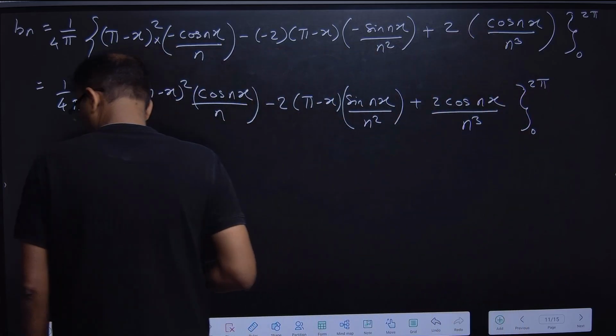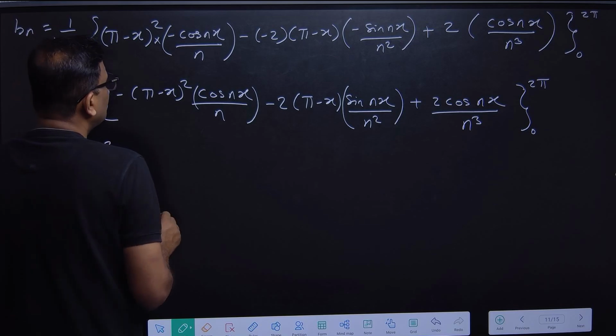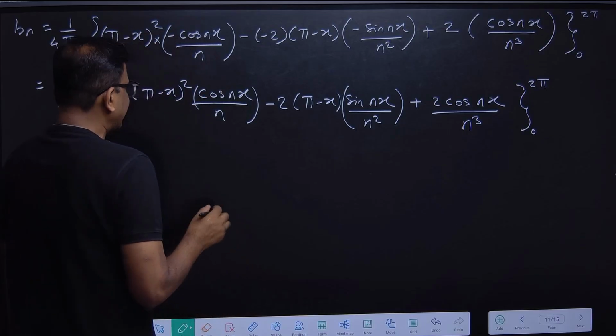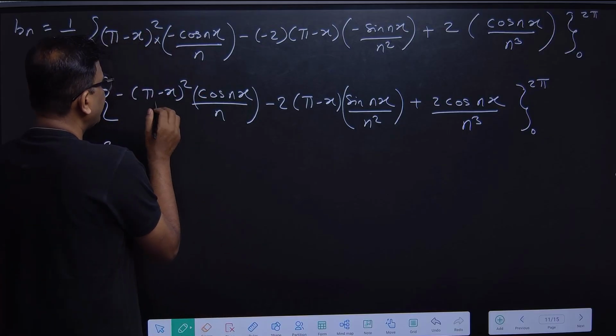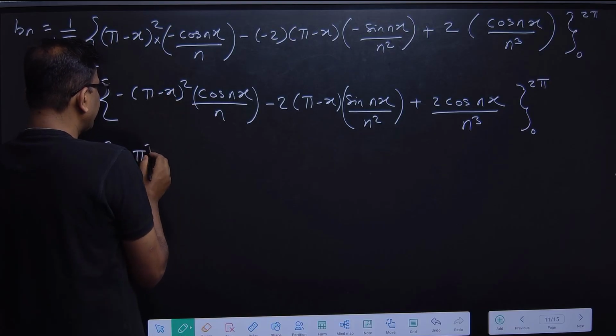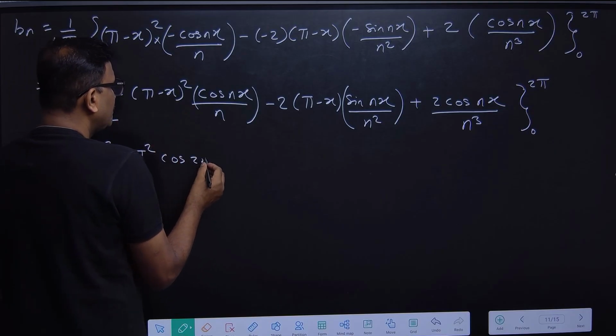Now see, if we put the upper limit 2 pi in place of x, this will be pi minus 2 pi. Pi minus 2 pi is minus pi. Square of that will be pi square. And this minus n I have kept as it is. Here this term will be cos of 2n pi.